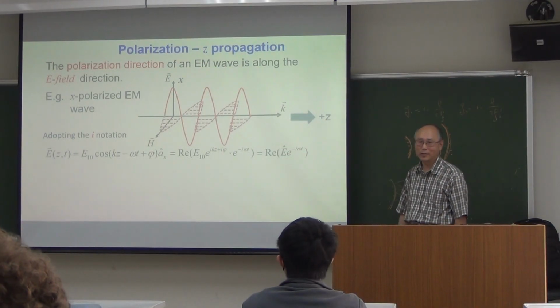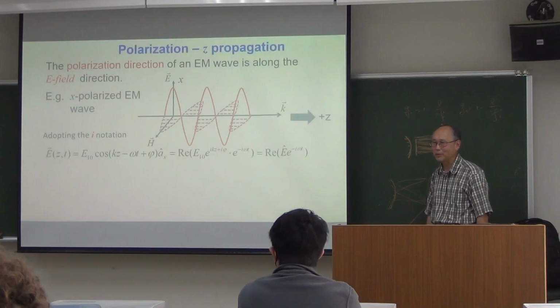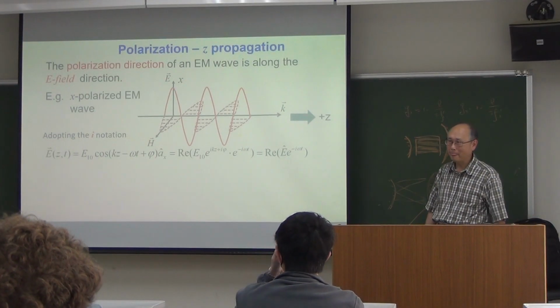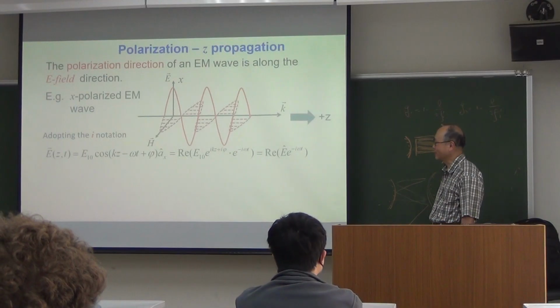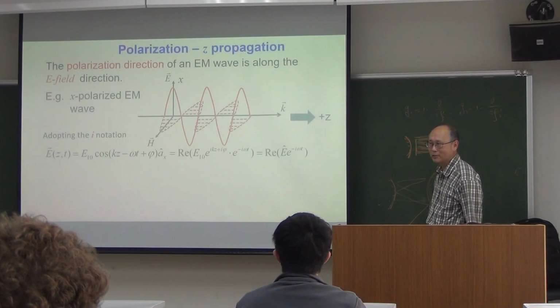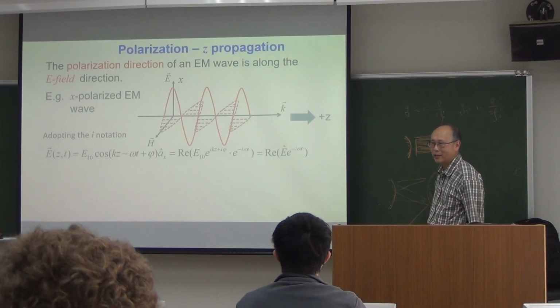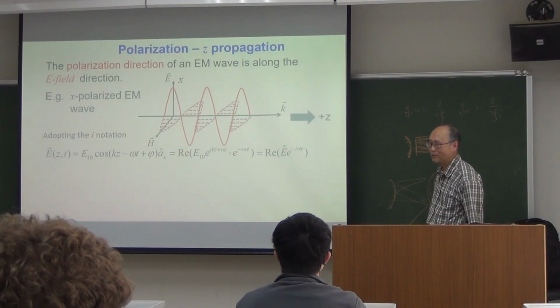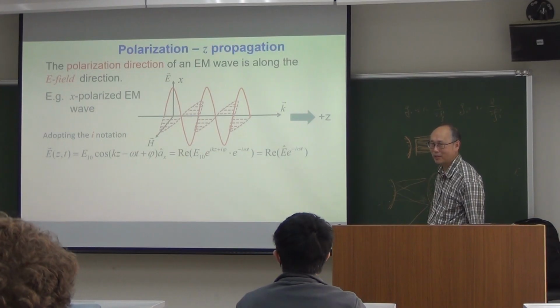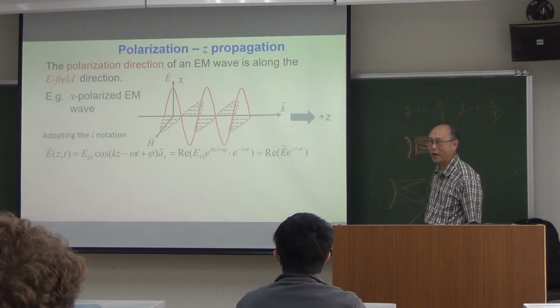But just to let you feel that when people adopt different notation, you need to be able to adapt, okay? The physicists usually just use i, but engineers usually use j, and they don't quite go along with each other anyway. But let's try to change it to i and see what happens, okay?